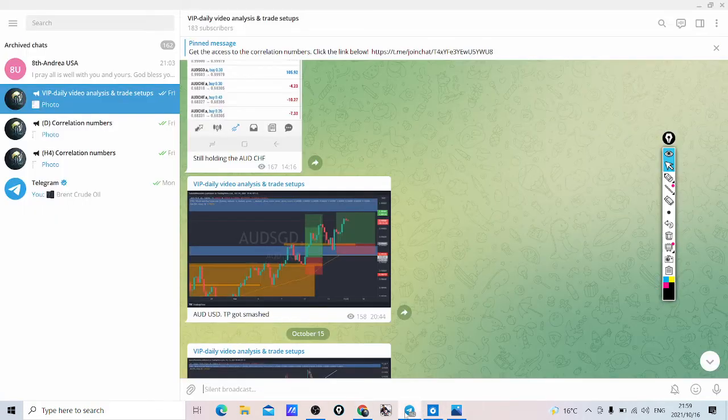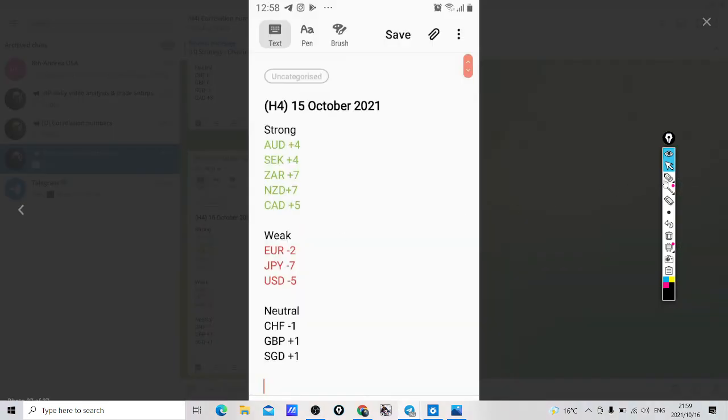They also give nice setups, especially because now we do have them here in our strength meter. So that's why I decided to trade them. I'm trading even the SGD, the ZAR, the SEK. I'll also try the TRY.